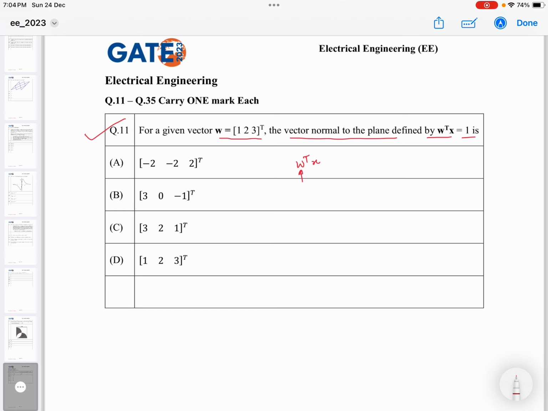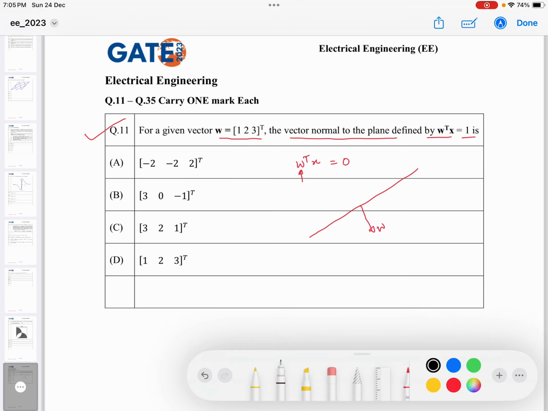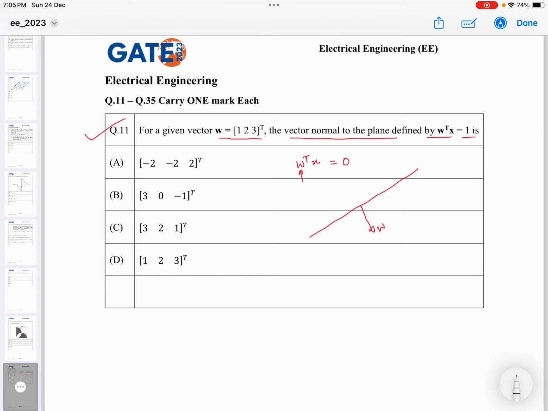So let's suppose that w transpose x is equal to 0. Then let's assume that this is the plane to which this w is perpendicular, right? So if you pick any point on this plane and you take the dot product with this w, then that dot product is going to be 0, right?